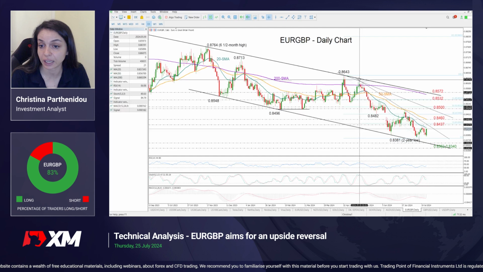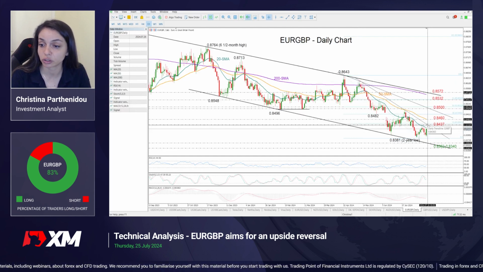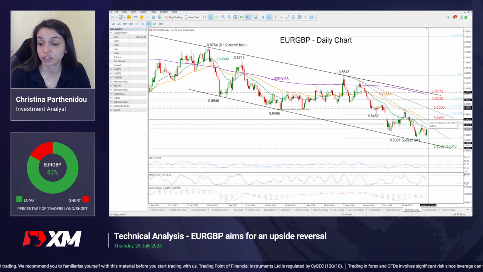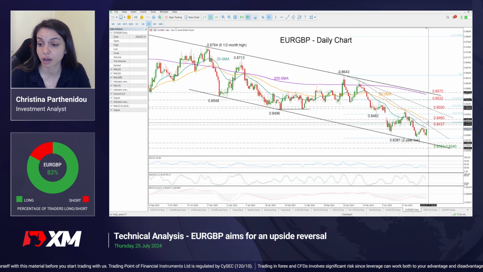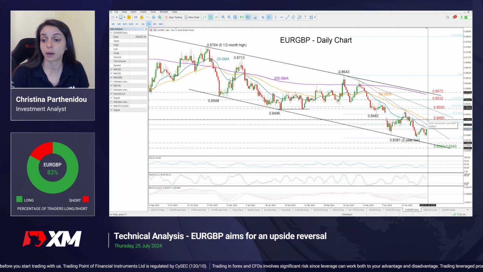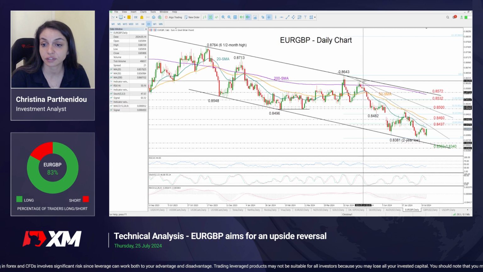There is a key threat around this falling trend line, currently seen at 0.8437. Then above that, the 50-day moving average, which blocked the way higher earlier this month, could also be another barrier around 0.8460.